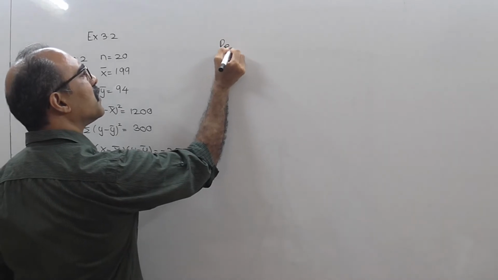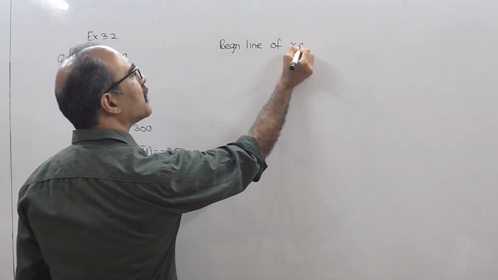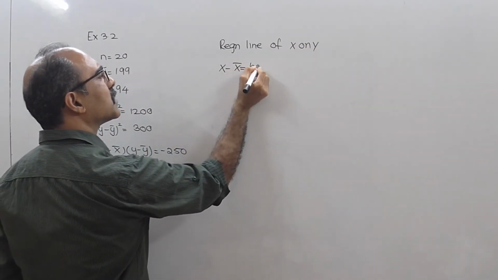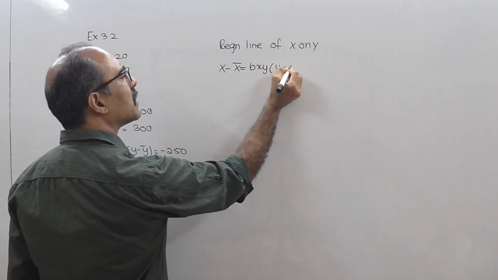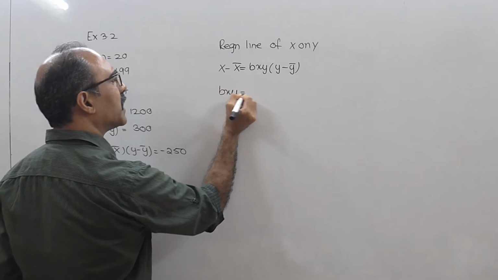Next, we have to find the regression line of x on y, which is defined as x minus x bar equals bxy times (y minus y bar). So we have to find the value of bxy.